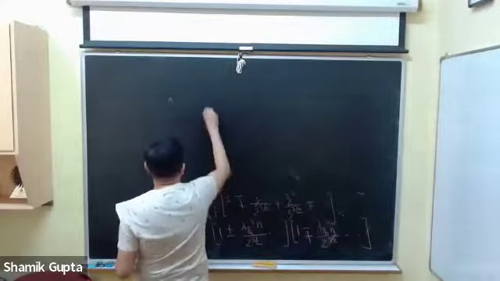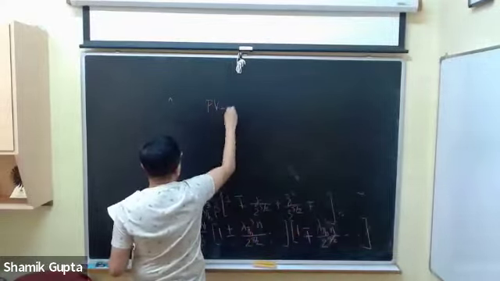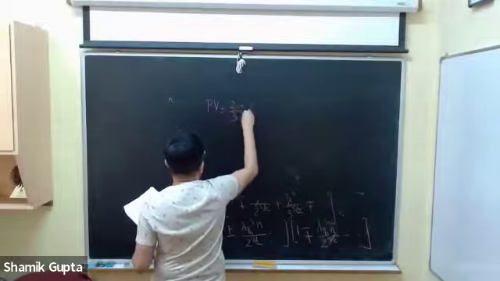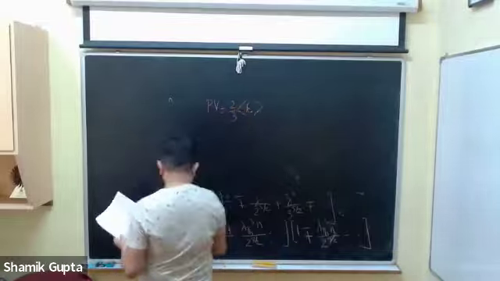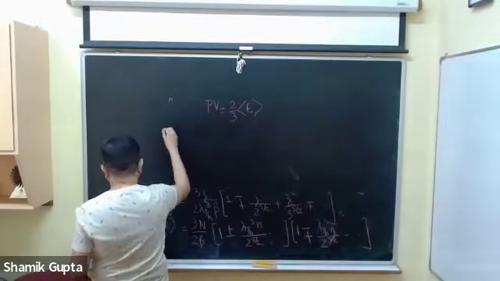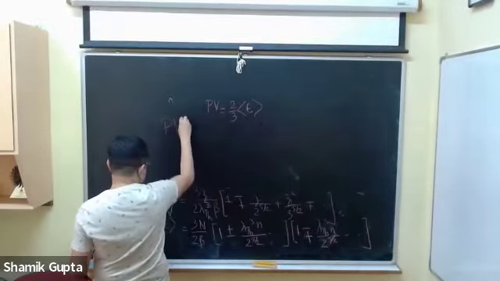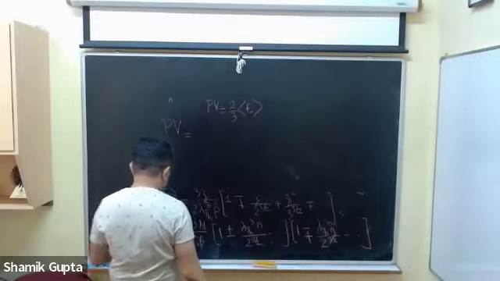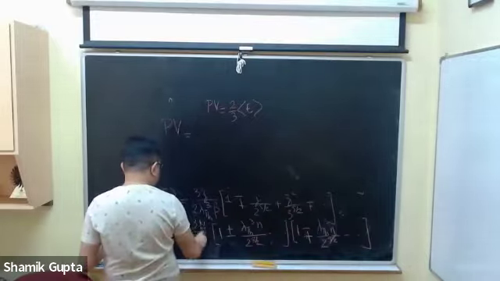Now we have already proved that P is equal to 2/3 E average. So E average we know. When I do 2/3 of this, I get PV, which will give me N KBT.